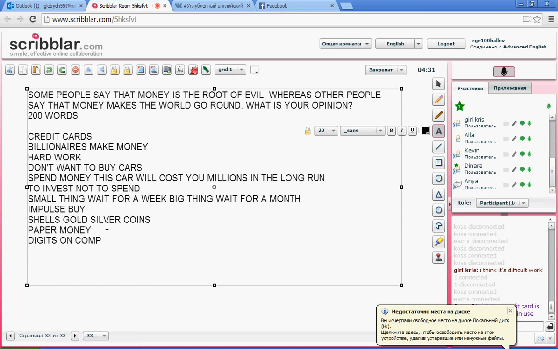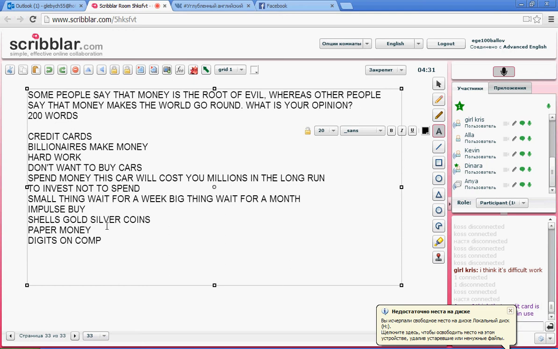Now for your homework, I will give you the task: to write an essay. Just wait a second. Okay. So the essay question will go like this: Some people say that money is the root of evil, whereas other people say that money makes the world go round.